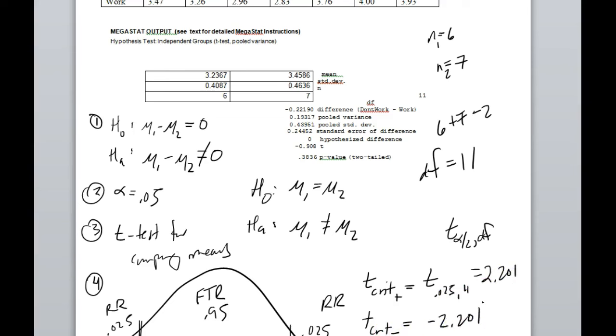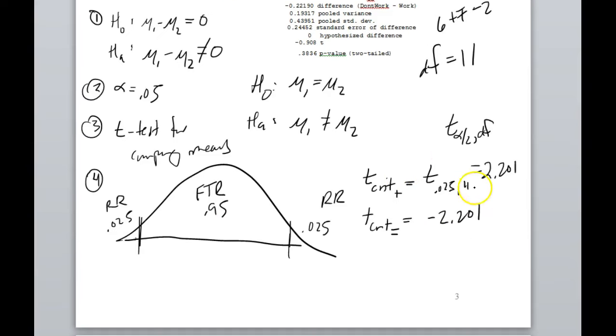Remember, the T table is a little different than the Z. You look it up, and in the inner portion of the table is our critical values, whereas like the Z table, you look up critical values, and then the inner portion of the table are probabilities. Okay.